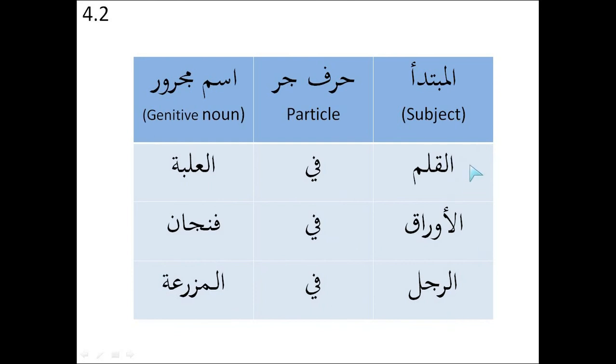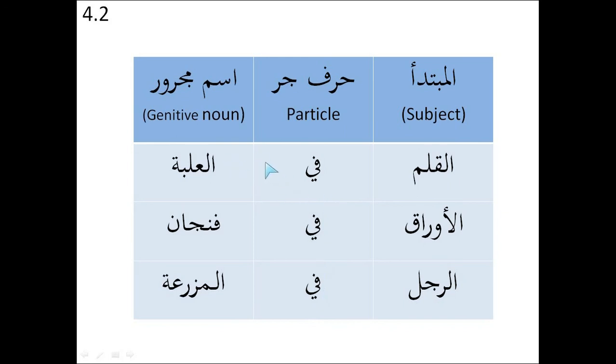These three words, القلم, الأوراق, الرجل, are all nouns and they begin a sentence, and I'm telling you that they are the mubtada or the subject. We're going to ignore these three little words, except that we know that they're called harf jar, or particles in English. We've met the particle fi in these three examples, which means in.